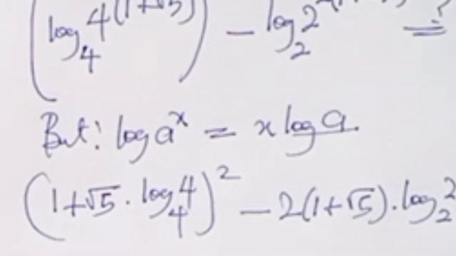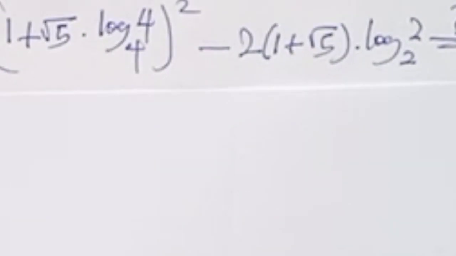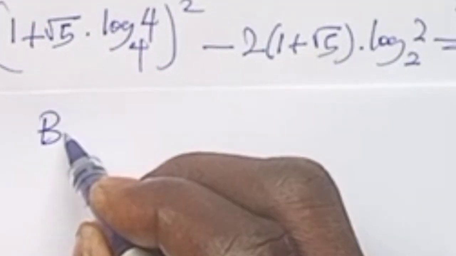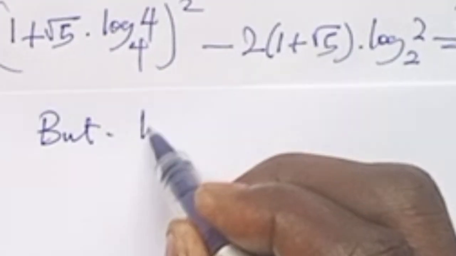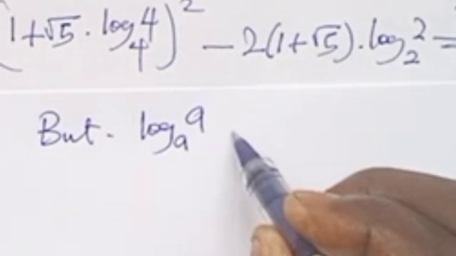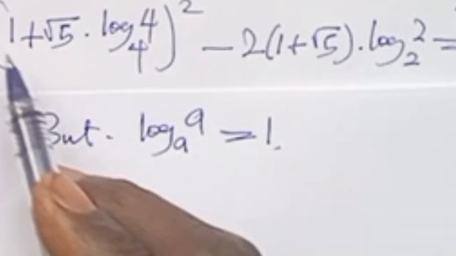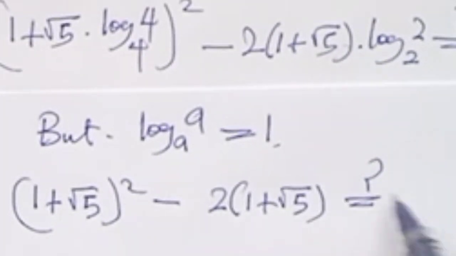Could all this be equal to 4? Also, log a base a is equal to 1, so that log 4 base 4 is 1, and log 2 base 2 also is 1. So that our next line will be 1 plus square root of 5 raised to power 2 minus 2 into 1 plus square root of 5. Could this be equal to 4?